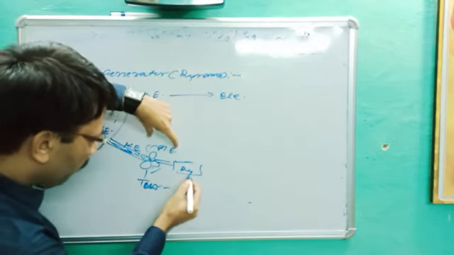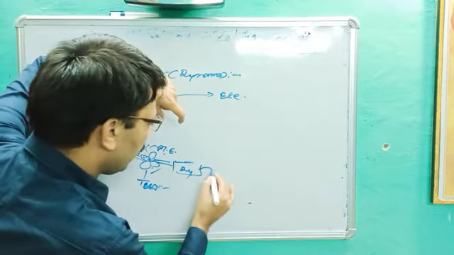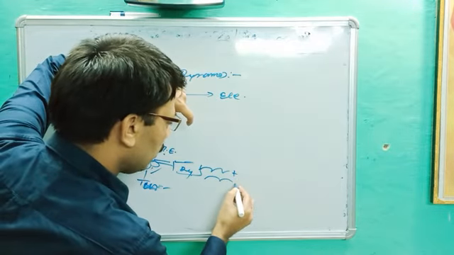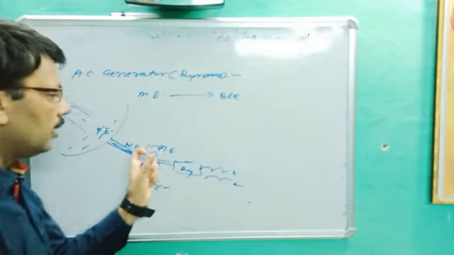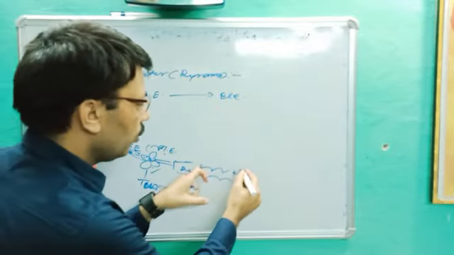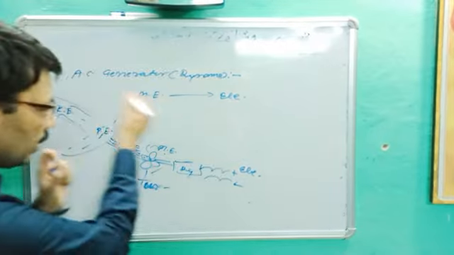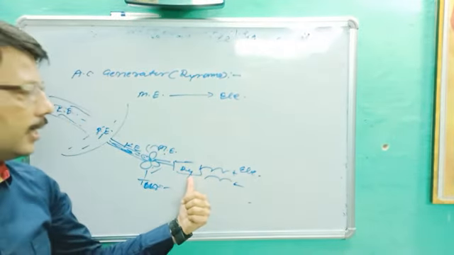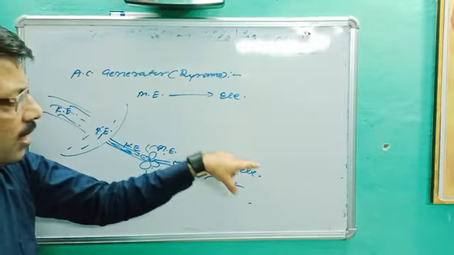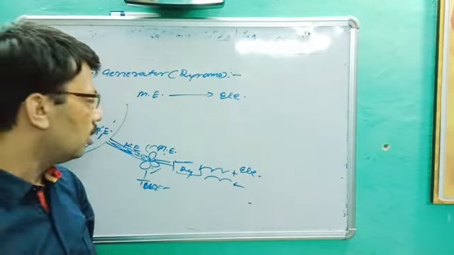And you will get electricity, positive and negative. It means mechanical energy converts into what energy? Electrical energy. That whole process is called what? Generator. So the dynamo or generator is the device which converts the mechanical energy into electrical energy.